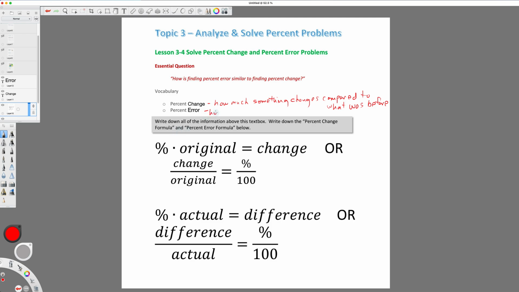So there we go. How off, and I'll put that in quotes, how off you are compared to, and I'll put a little arrow down here, compared to the actual or what it should be.